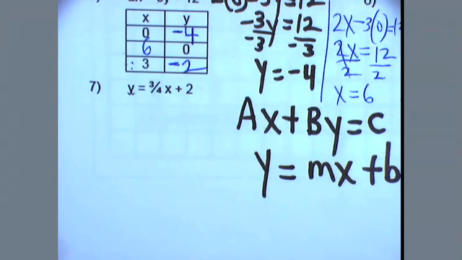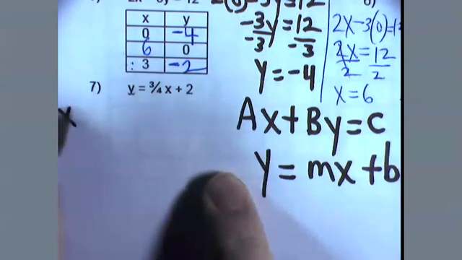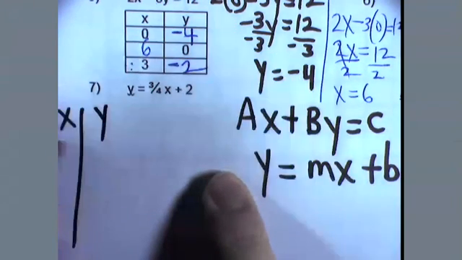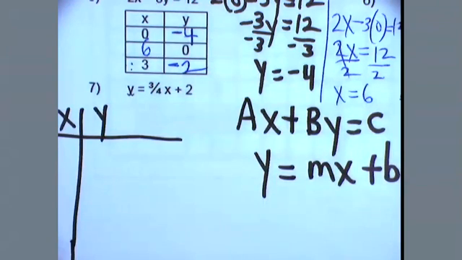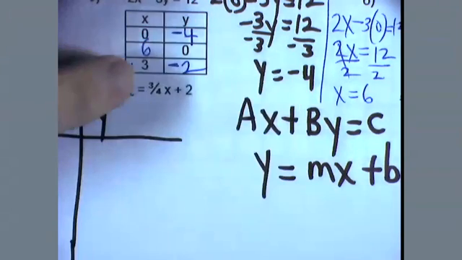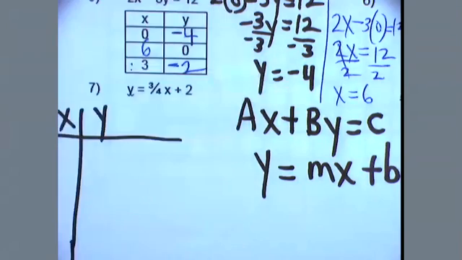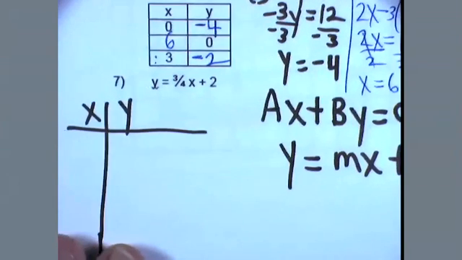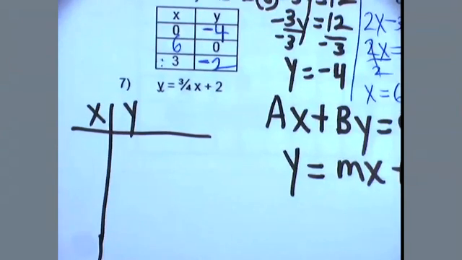So I'm going to draw my XY table. Now, normally if y is by itself, then you can plug in any value that you want for x. But since we have a fraction, we want to pick multiples of 4, multiples of the denominator. That way we can cancel some stuff out and end up with just integers instead of fractions.